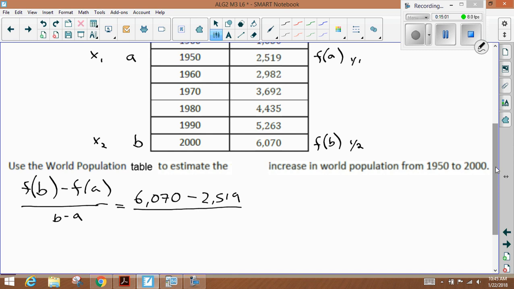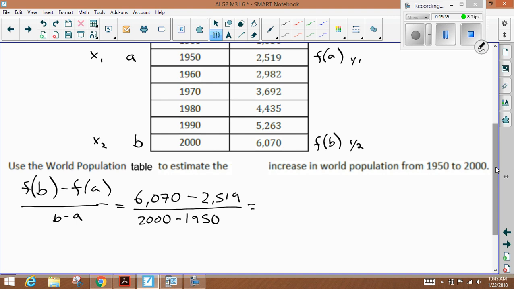B is, yeah, we could do that. We could do 2000 minus 1950. It works either way. I feel like it's kind of nice to write it in terms of actual years that passed, right? But it's going to come out the same anyway, so we get 50 either way.